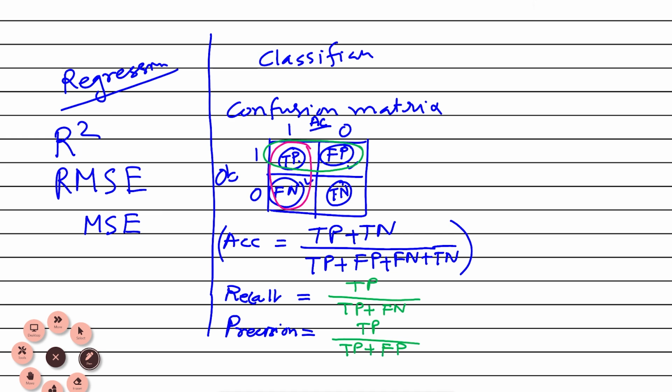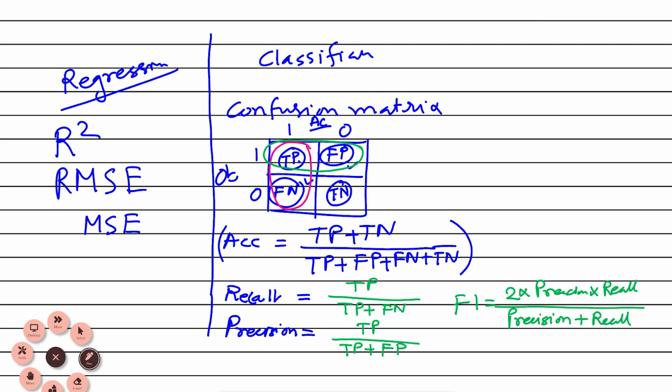And if you calculate another metric out of this, F1, that is nothing but the harmonic mean of recall and precision. So it will be 2 into precision into recall divided by precision plus recall. Now this F1 score is pretty important, as it is very helpful when your dataset has high class imbalance or bias towards a particular class.